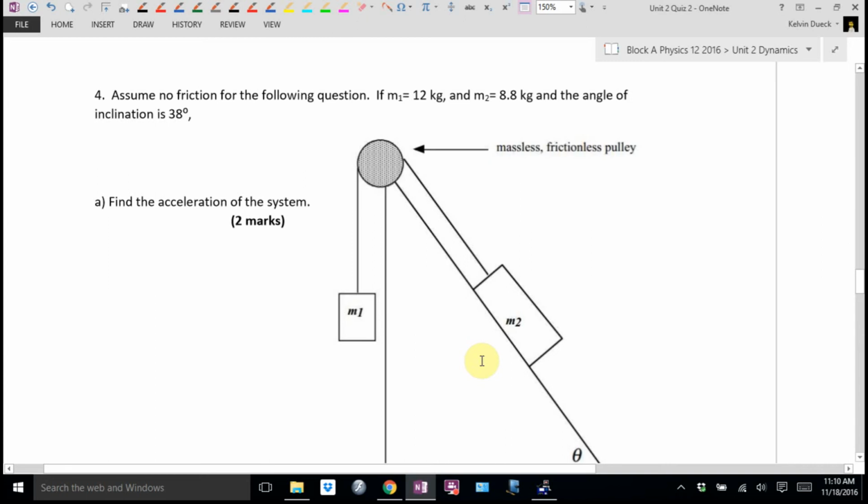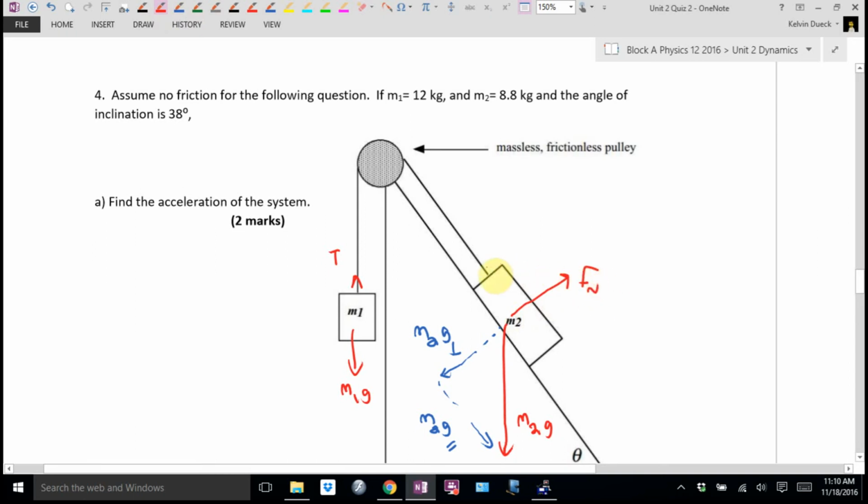Number 4. Find the acceleration. Okay. M1g, tension, M2g, M2g perpendicular, M2g parallel, normal force, tension.